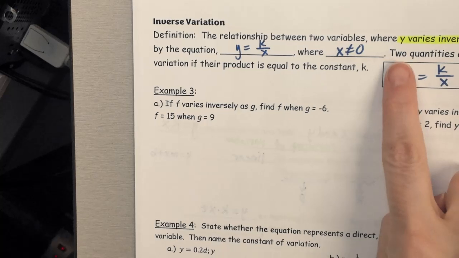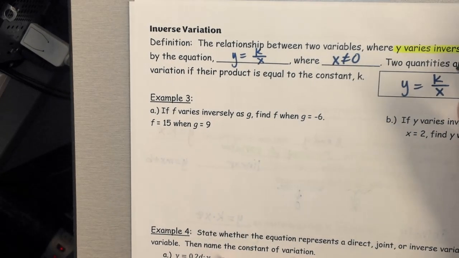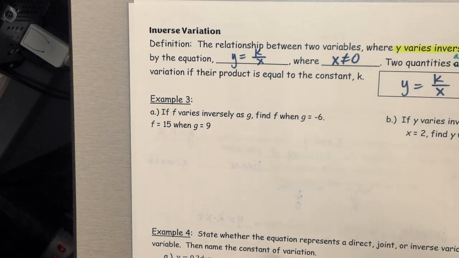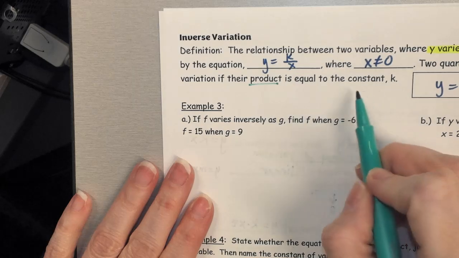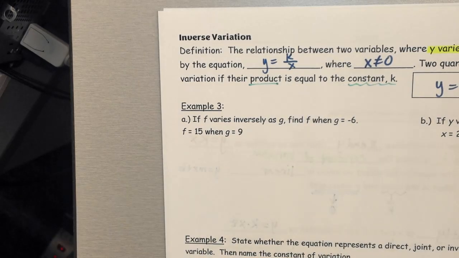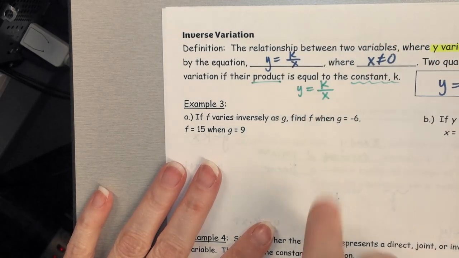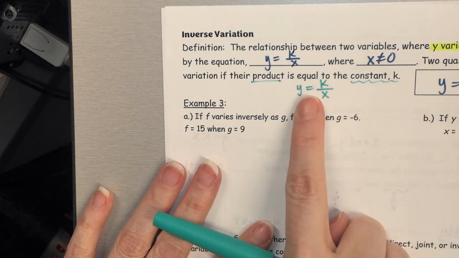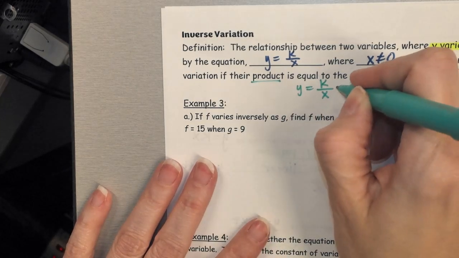Now this last line here that says 2 quantities, it should say are, 2 quantities are related by inverse variation if their product is equal to the constant k. The reason why that's true is because if you have this equation and you solve for k, to get k by itself, what would we do to both sides? Multiply by x.